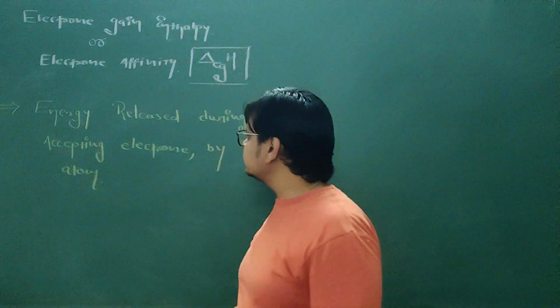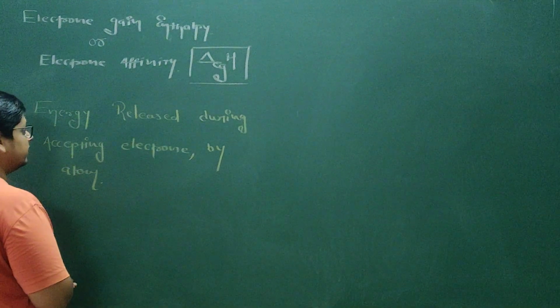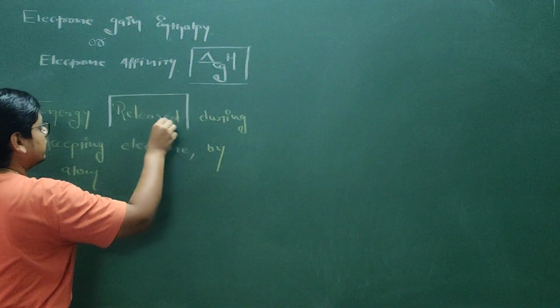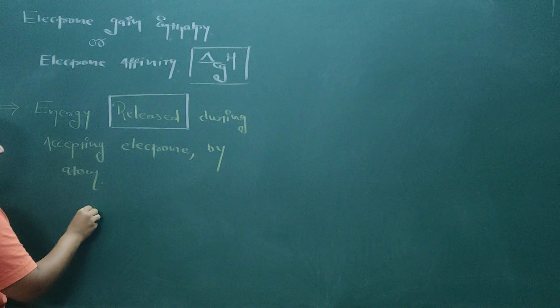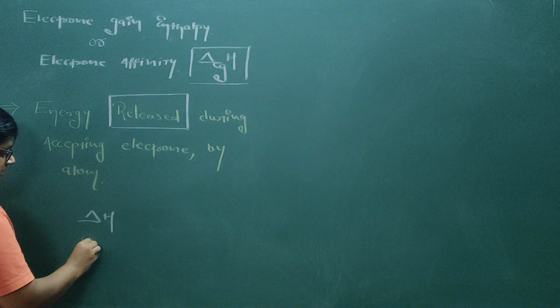So that energy is called electron gain enthalpy. The main thing we have to focus on is released energy. So enthalpy. Okay students, remember this. This is called enthalpy.